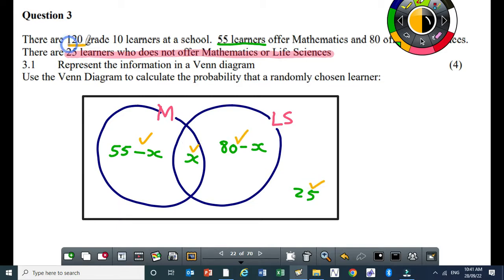They add up to 120. That's one method. There's a second method which I don't normally like to use, to avoid confusion. You can subtract this 25 from 120. What will be the total? 95. That 95 will be equal to that plus this plus that.